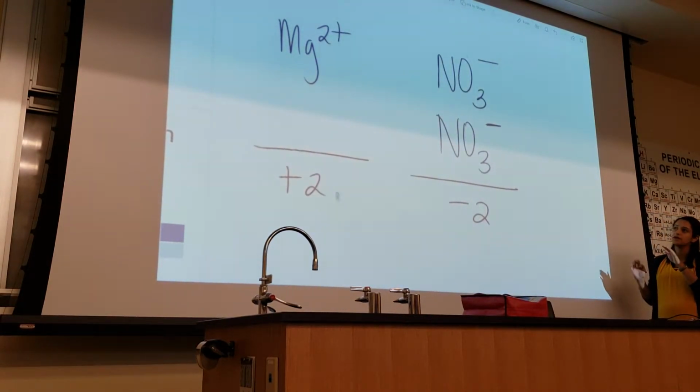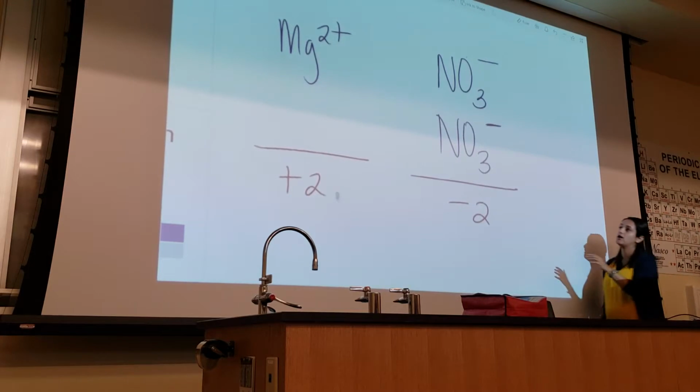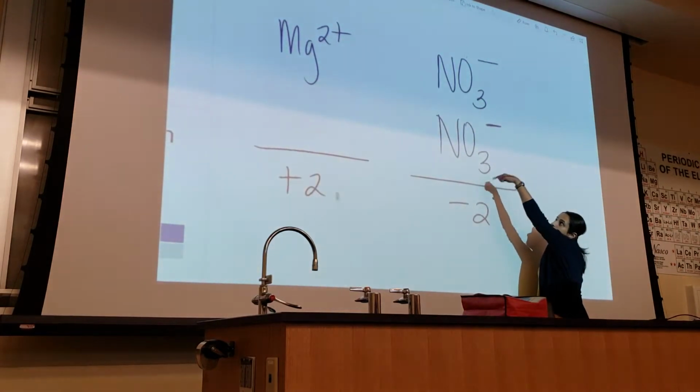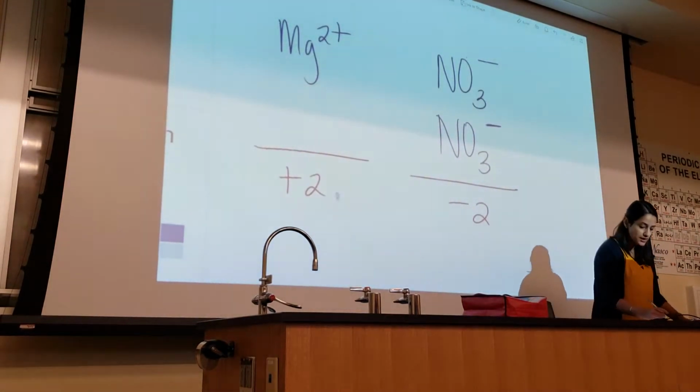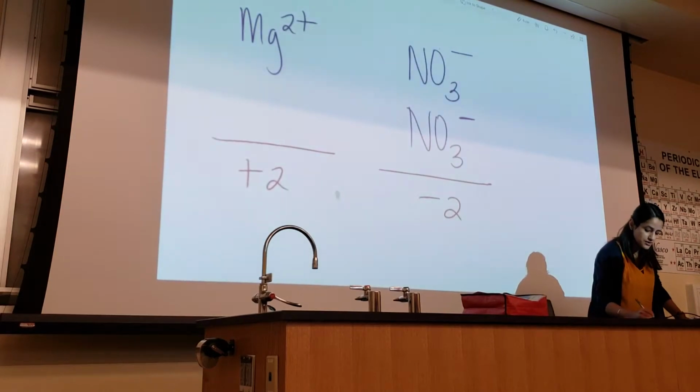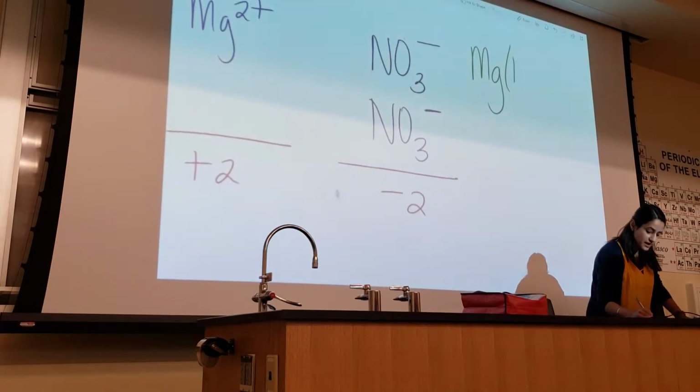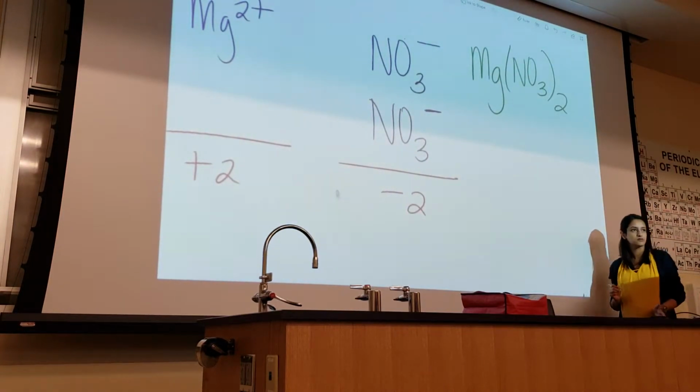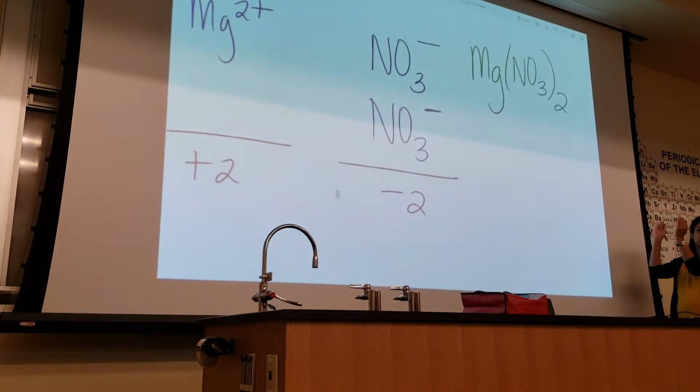The only thing I have to do is indicate somehow that I have 2 units of this. The way you do that is using parentheses. So I have magnesium, then I have 2 units of nitrate, and notice I put that in parentheses.